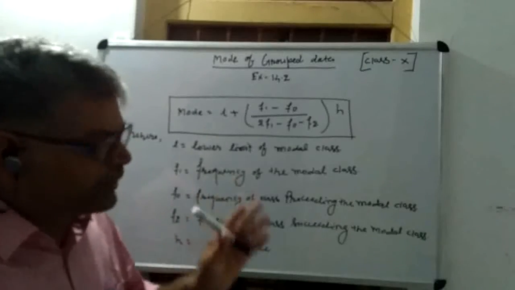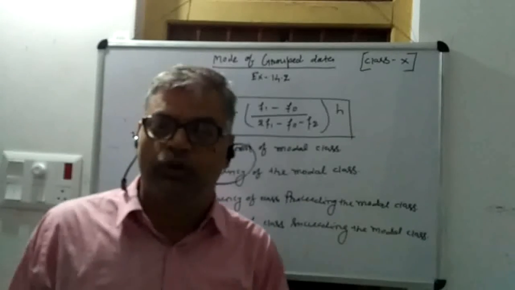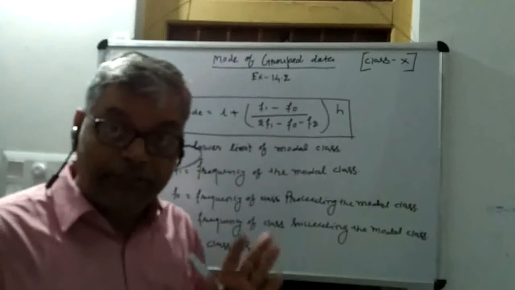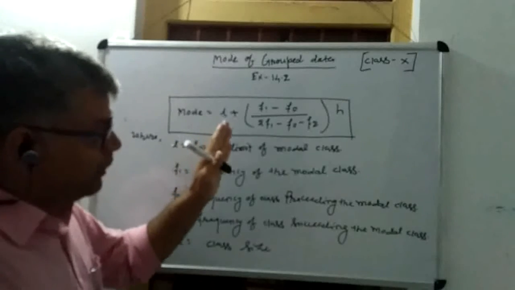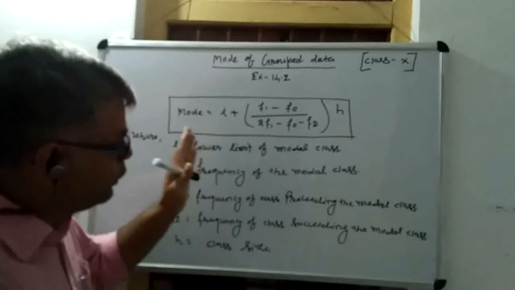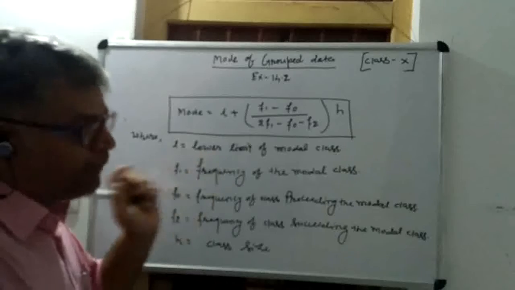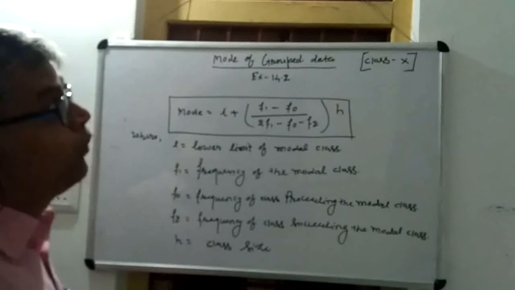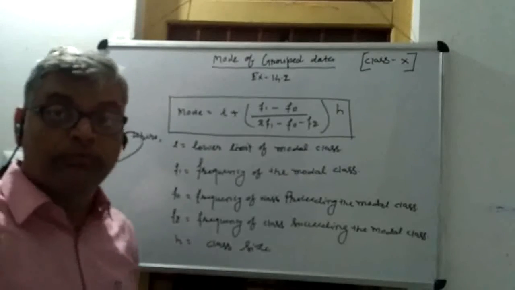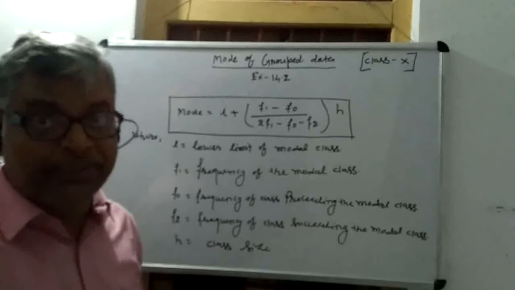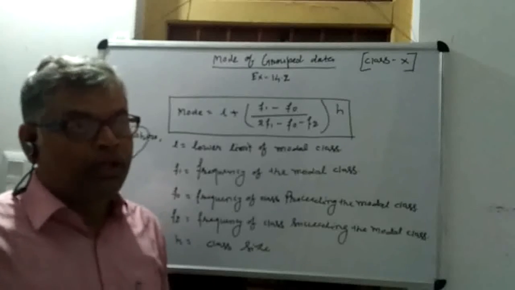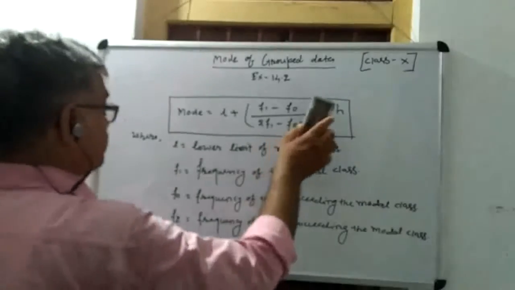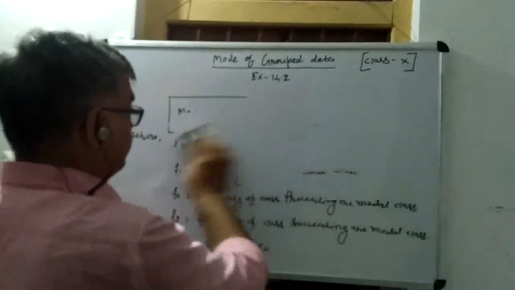So just remember the one formula given in your NCERT book to avoid confusion. This is the simplest formula, so keep it in your mind. After discussing the formula, now I am going to solve the questions from exercise 14.2. Then you will become clearer on how to apply this formula. So let's see the questions.